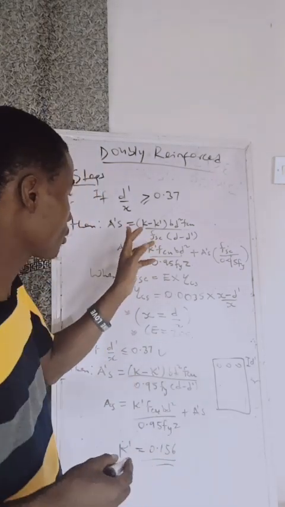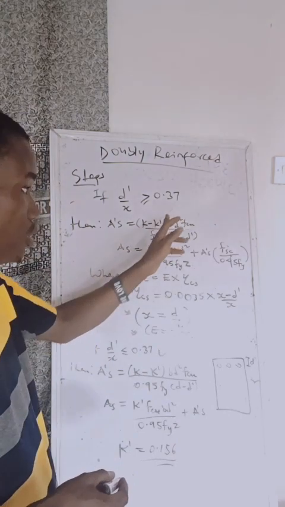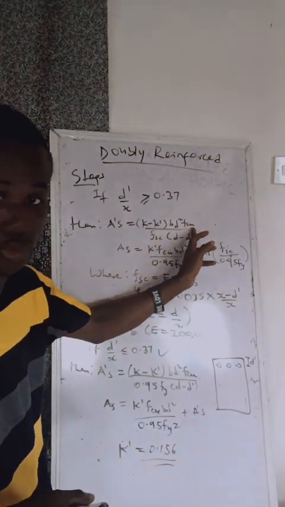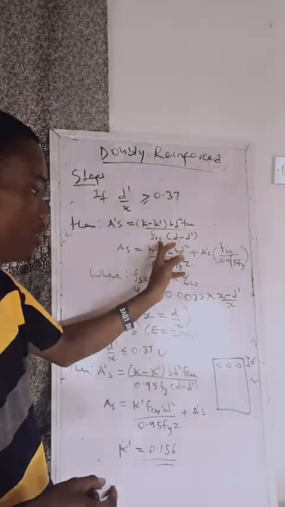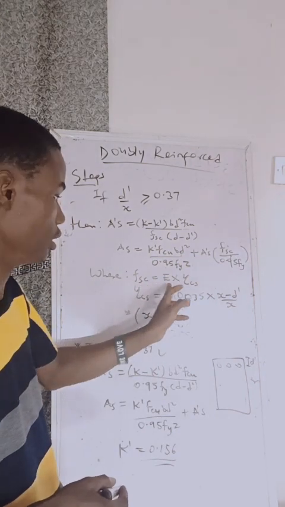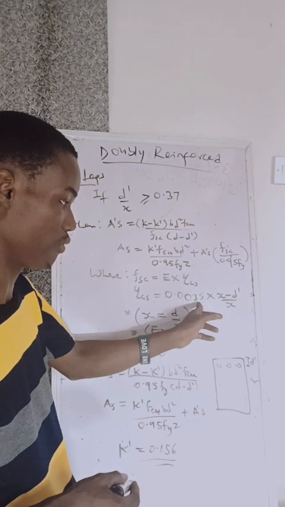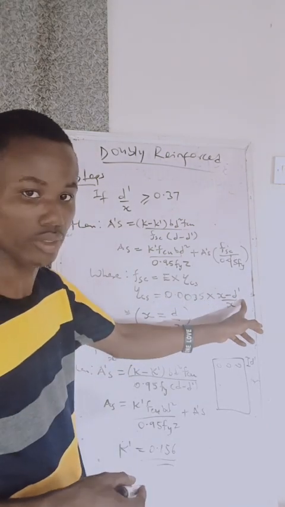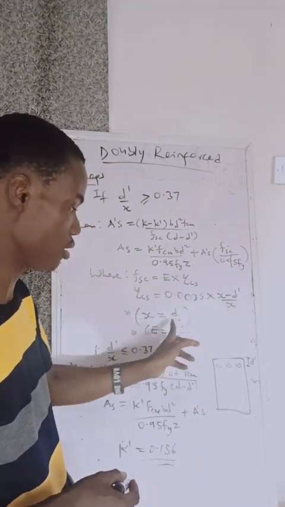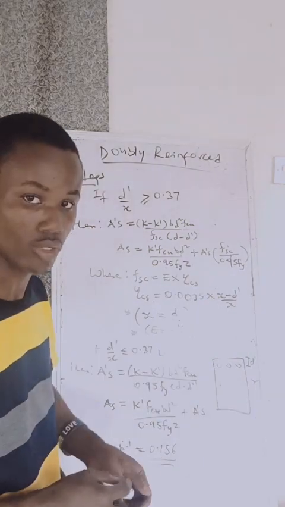So for this, you're going to use this bd square fcu. The fcu you'll be given, and then fsc is the formula for fsc, which is E times εcs. And your εcs is 0.0035 times x minus d prime all over x. And your x is d over 2, your depth divided by 2.